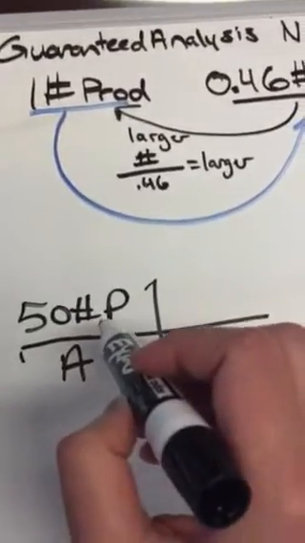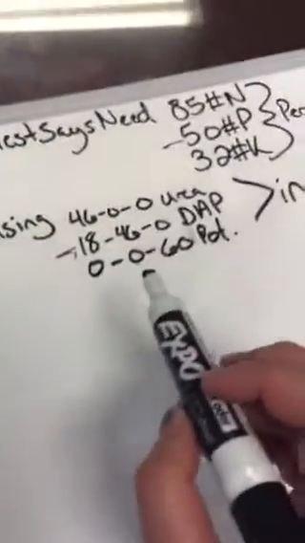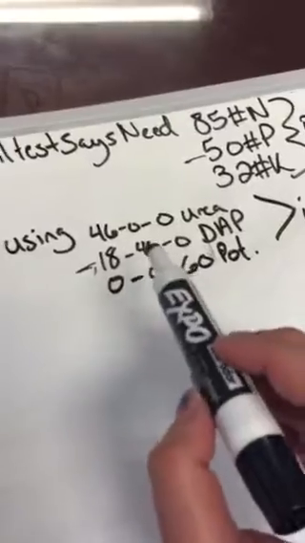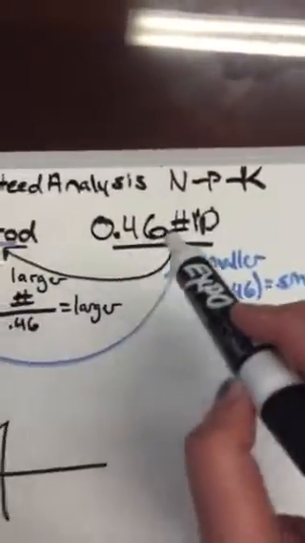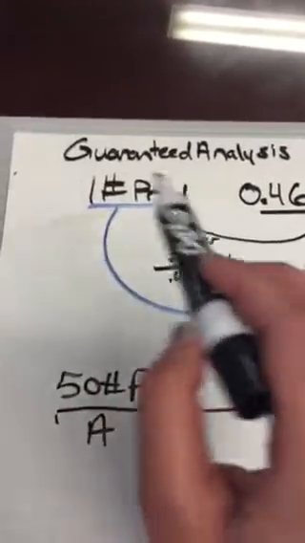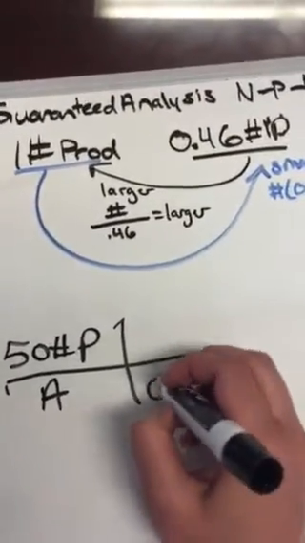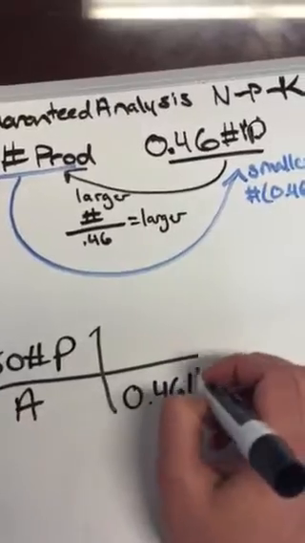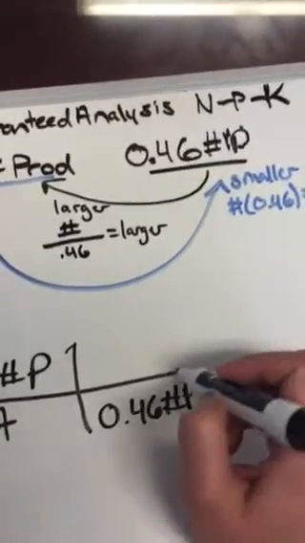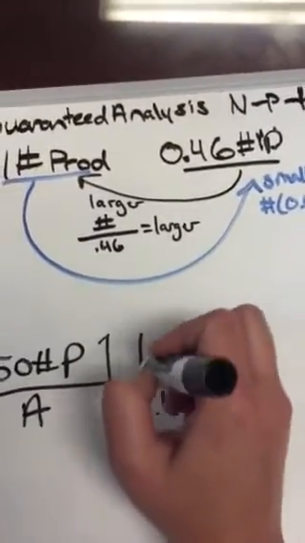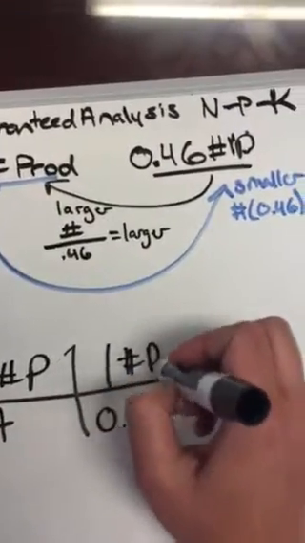Well, how do we cancel out our pounds of P? Well, we know that there are 0.46 pounds of P in 1 pound of DAP, or a product. So we're gonna divide by 0.46, give us a larger number. Okay, in 1 pound of product.